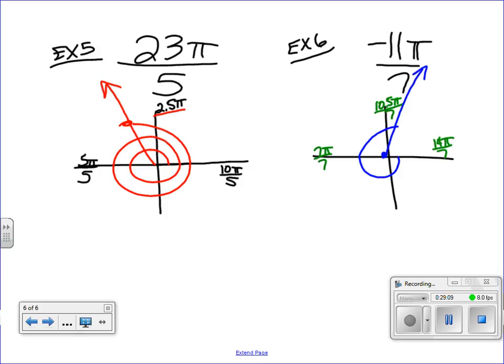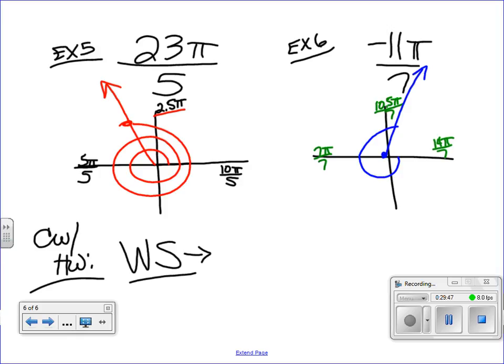All right, on the worksheet, folks, I want you to give the ordered pairs. Number 1, draw the spiral angle. That's the first thing you're going to draw for all of them, for 1 through 10. The second thing you're going to do, you're going to write the ordered pairs for the terminal points.